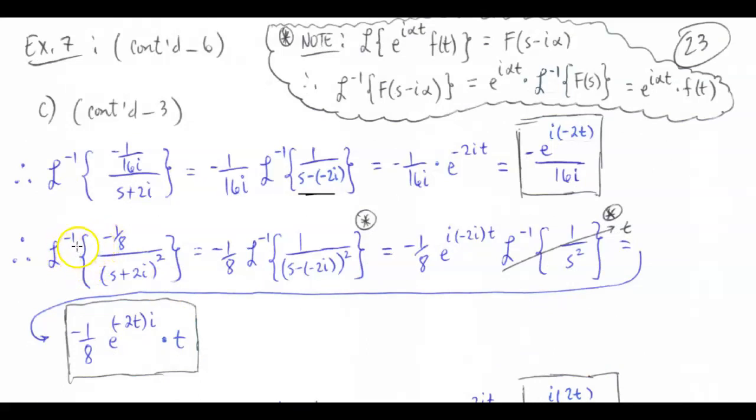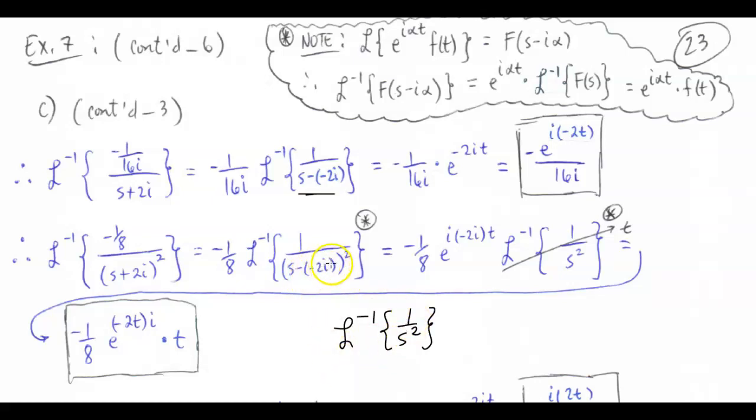So we see that for the next term, the negative 1/8 over (s plus 2i) quantity squared, notice that what we're actually looking at is something that looks like this, but with a horizontal shift to the left 2i units.